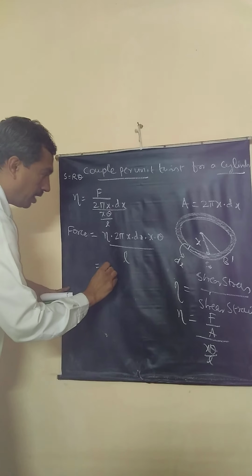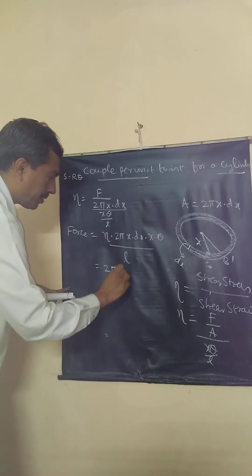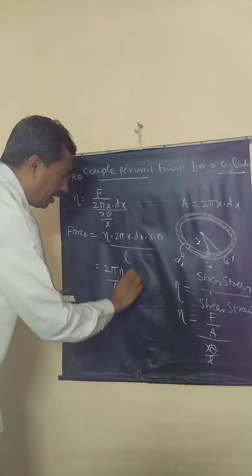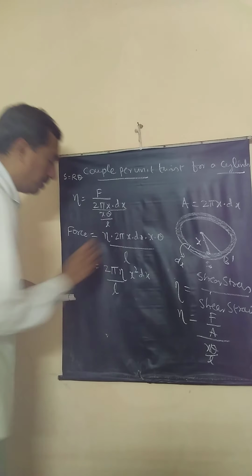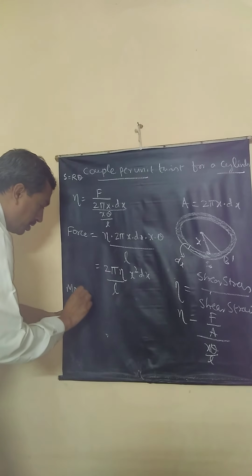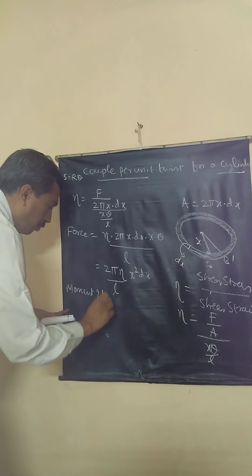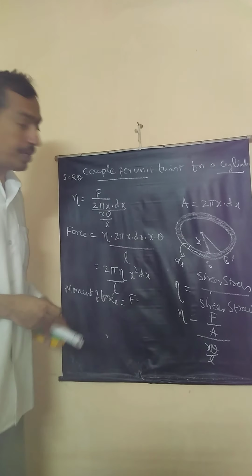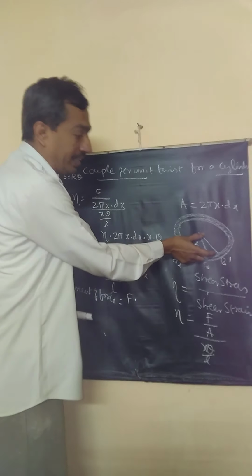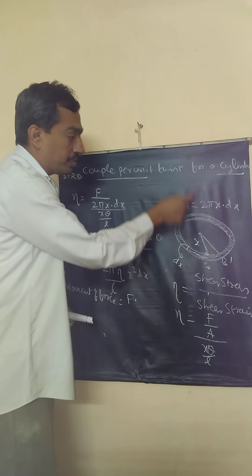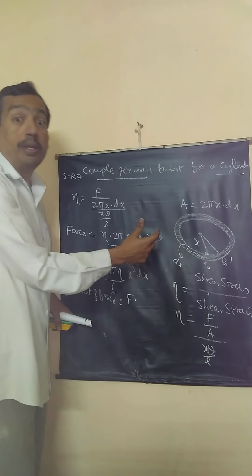I take out the constant 2 pi eta by L, x square dx. I need couple or the moment of force. Moment of force is equal to force into distance. The distance is from the center x because the central axis does not experience any displacement.